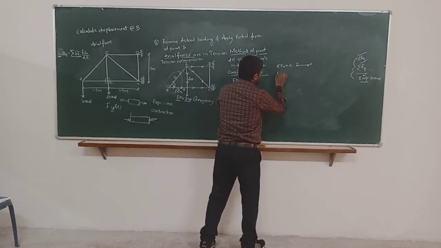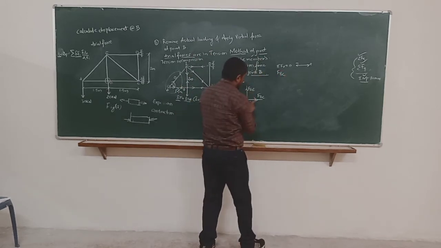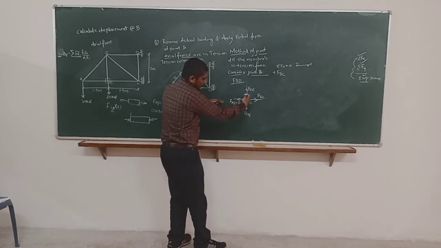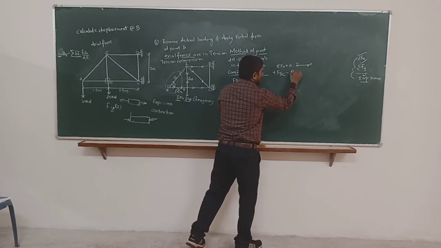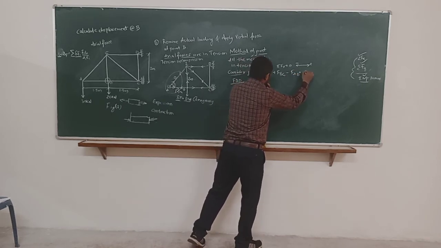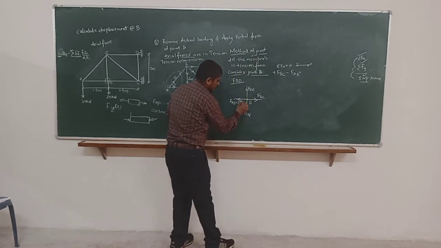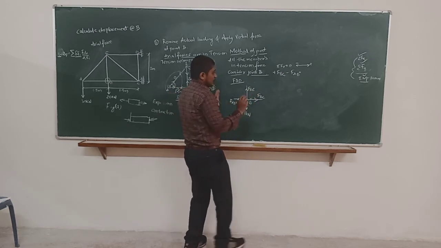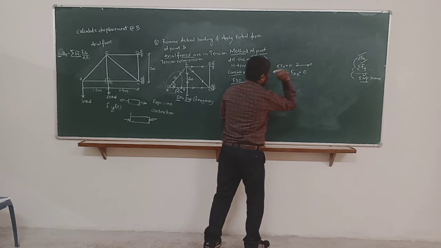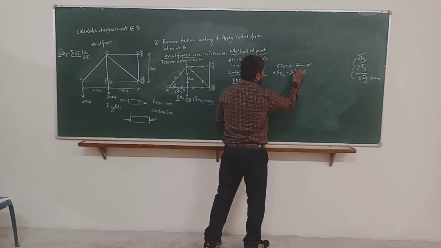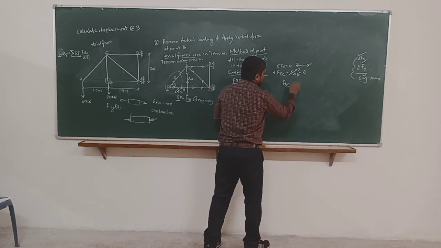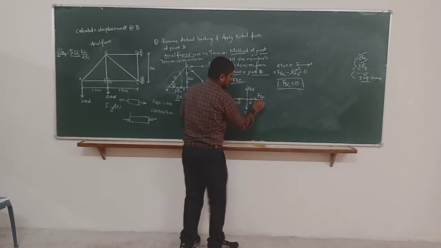So FBC, which side is it going? Right side, it is positive. Then minus FAB is equal to 0. Is there any other horizontal force? No, only these two horizontal forces are there, no inclined force in this. So FAB is already 0, so FBC will come as 0. So this member is also 0.